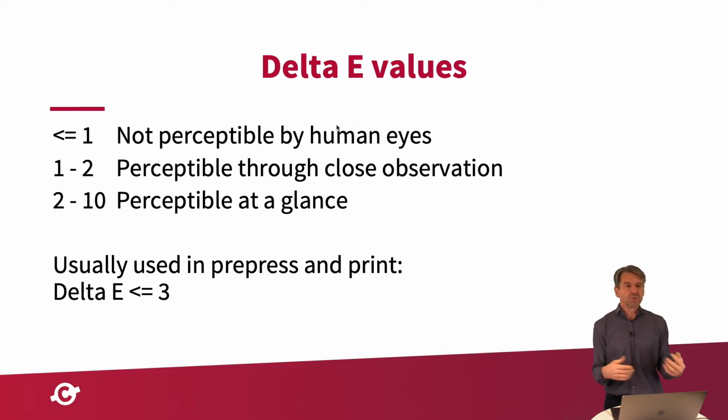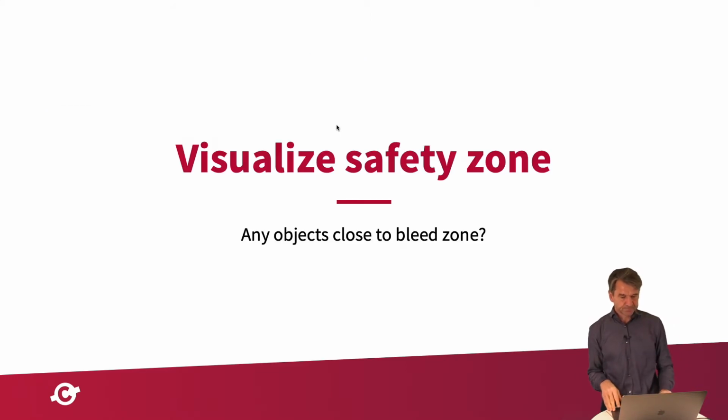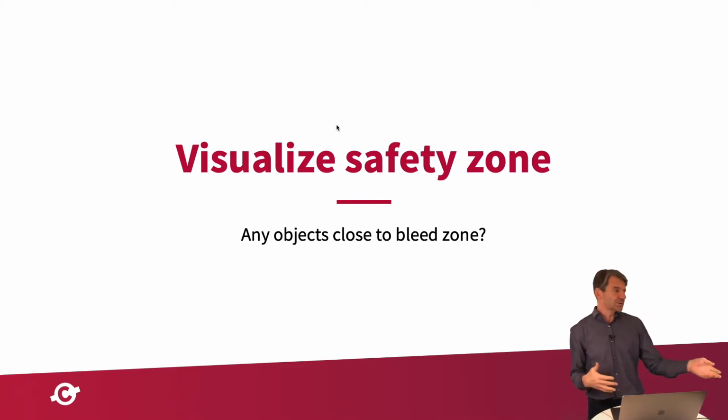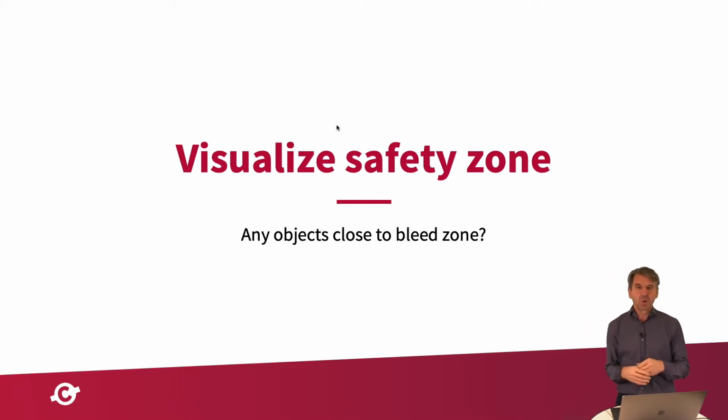And between 2 and 10, from a printing point of view, it's getting problematic. And what I usually hear in the industry is that above delta E 3 at least is something you should look at. So far on delta E, again, if there are any questions, let us know.